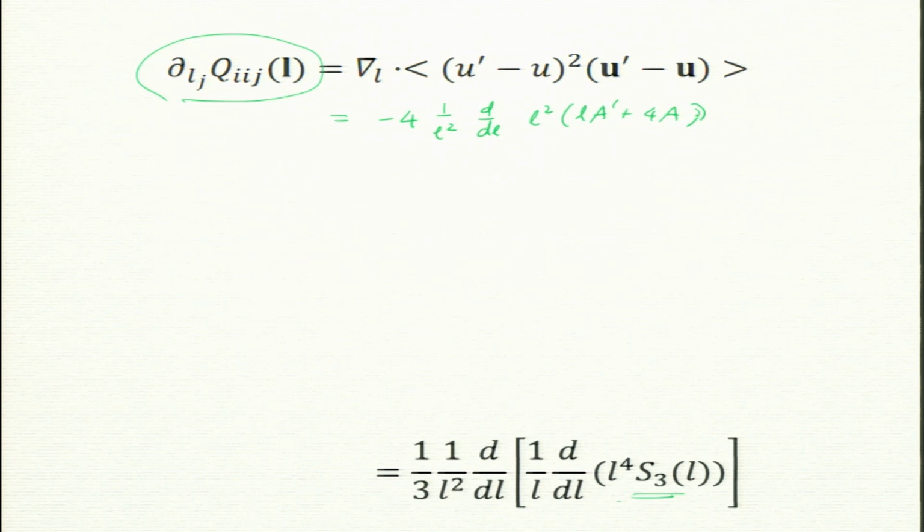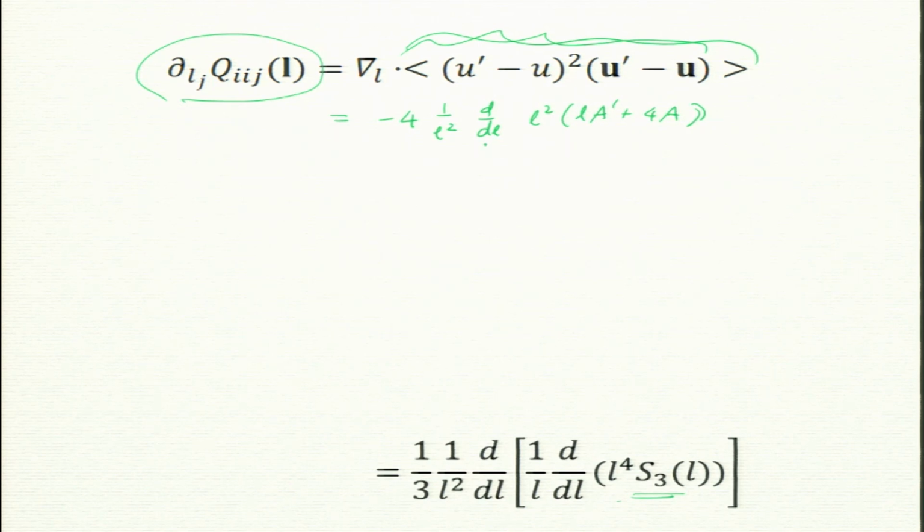Now, I am sure you are tired, and you can see that this object is 4 L a prime plus minus 16a minus 4 L. In the earlier slide I have shown this, which I computed from the third order structure function. Take the divergence of it.